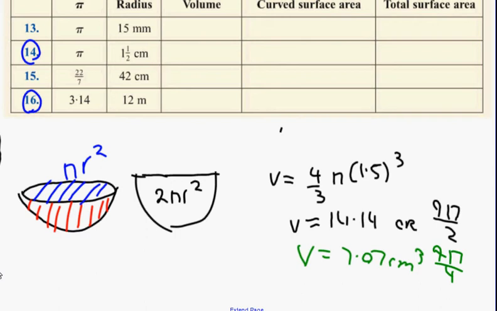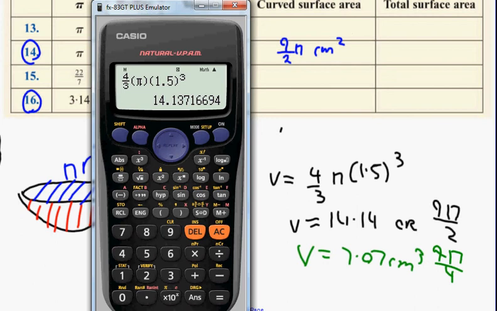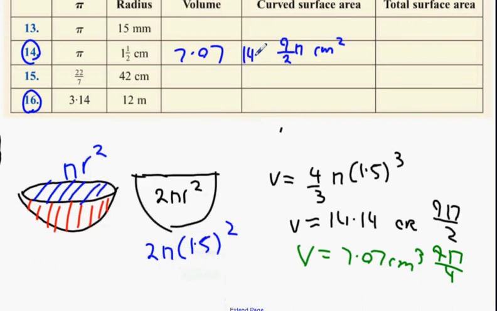So, curved surface area is 2 pi r squared. So it's 2 pi times 1.5 squared, which is 9 over 2 pi centimeters squared. Or in decimal form, what would that be? 9 over 2 pi, it'll just be 14.14. Okay? It's one or the other, okay?